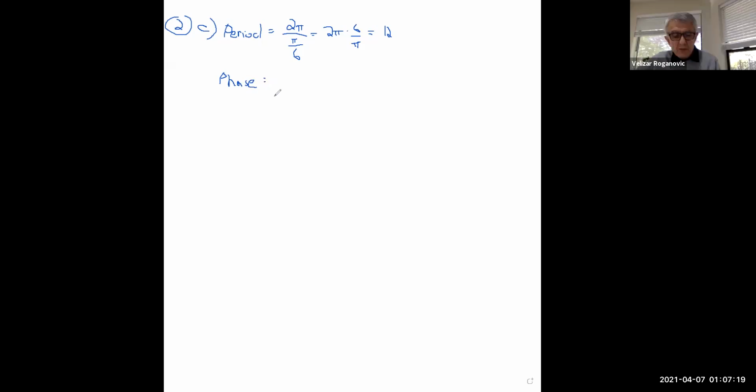The plus pi over 2, right? Yeah, so just set your angle equal to 0 and then just solve for x, which a lot of times can just be done straight in your head.